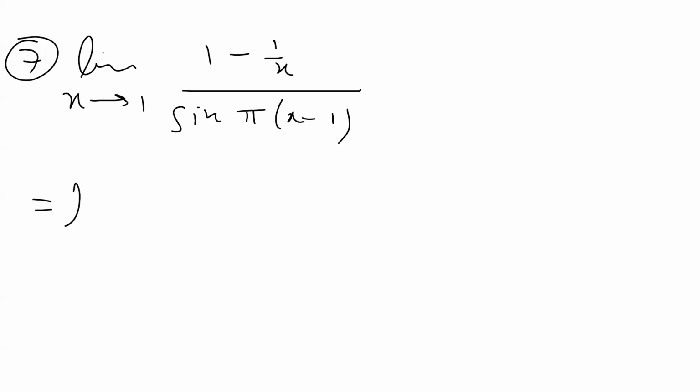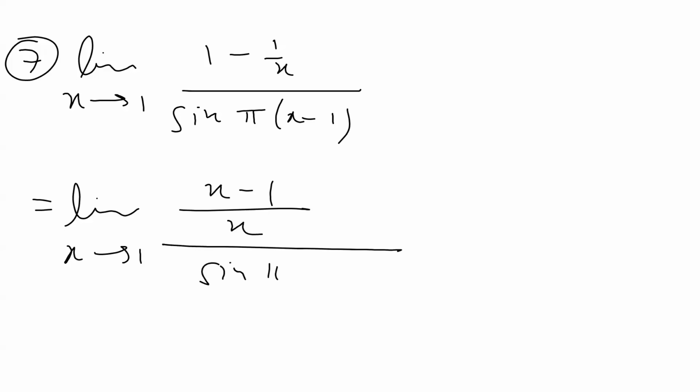Limit x approaches 1, 1 minus 1 upon x upon sine pi x minus 1. Okay, so first we'll take LCM in the numerator. x minus 1 upon x the whole upon sine pi x minus 1.